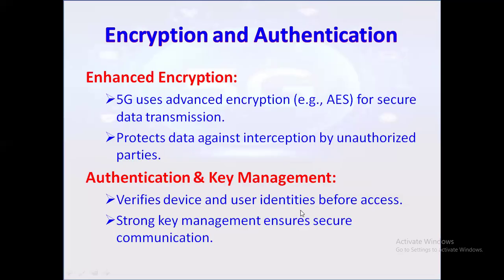Authentication and key management processes verify both device and user identities before granting access to the network, providing an additional layer of trust. Secure key exchange protocols further ensure that only authorized devices and users can participate in network communication, safeguarding against unauthorized access and enhancing overall network security.